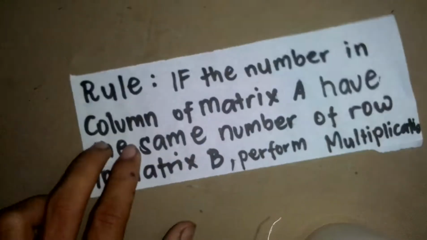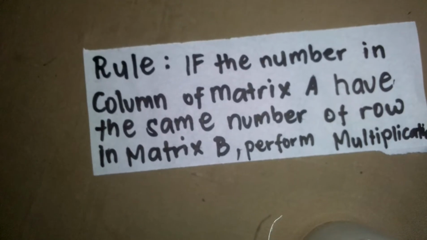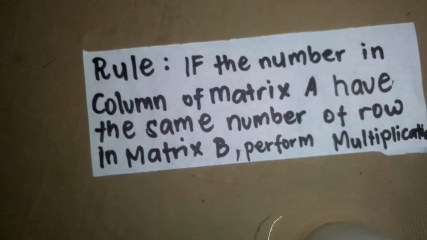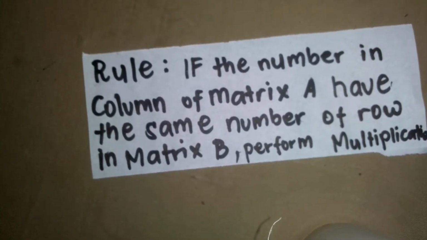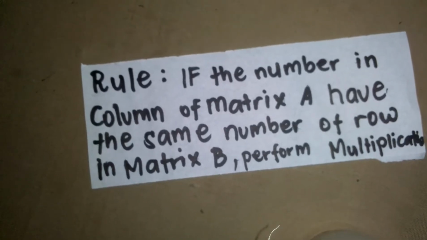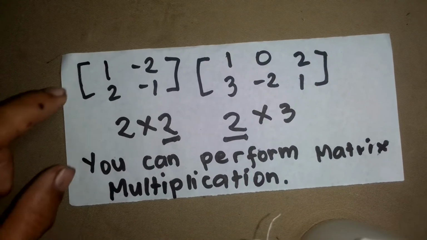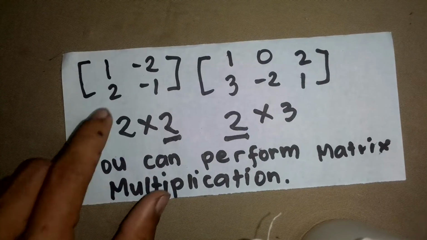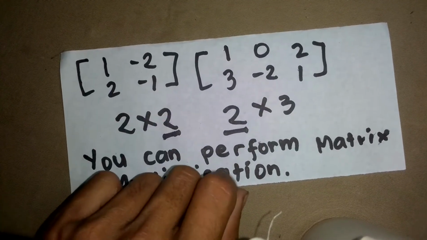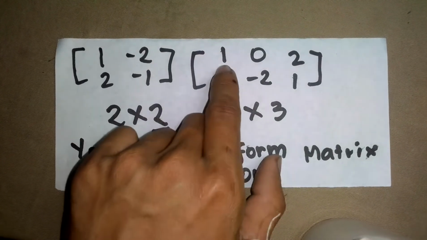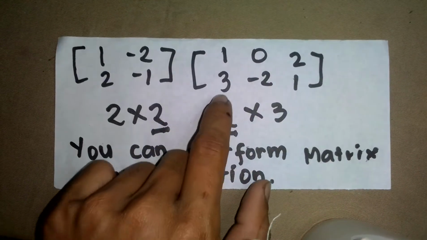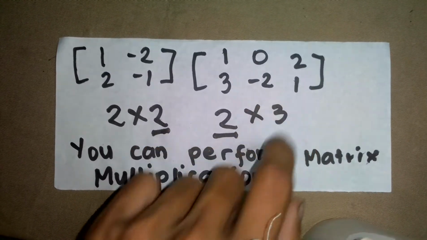The rule in multiplication of matrices: if the number of columns of matrix A is the same as the number of rows in matrix B, you can perform the multiplication. For this example, we have 1, negative 2, 2, negative 1, and another matrix 1, 0, 2, 3, negative 2, 1.